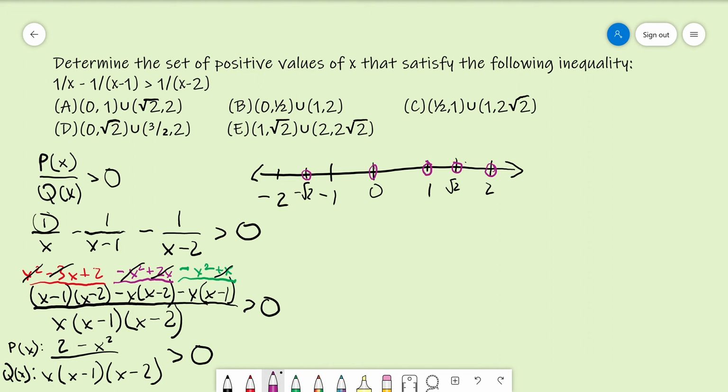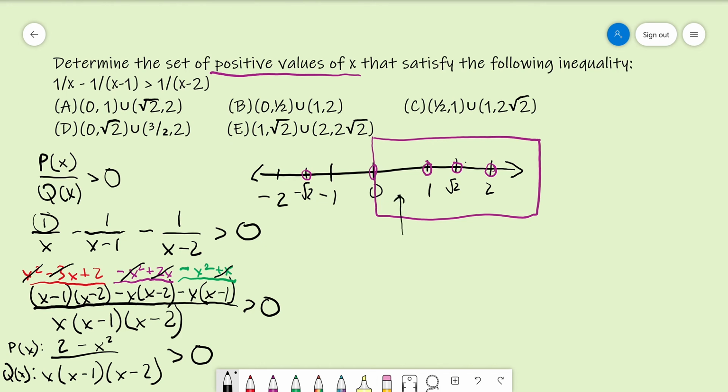Now, we're only interested in positive values of x, so we're only going to look at the right side of the number line. We don't care about the left side. So now let's take a look at each partition. First, let's look at the numbers between 0 and 1.